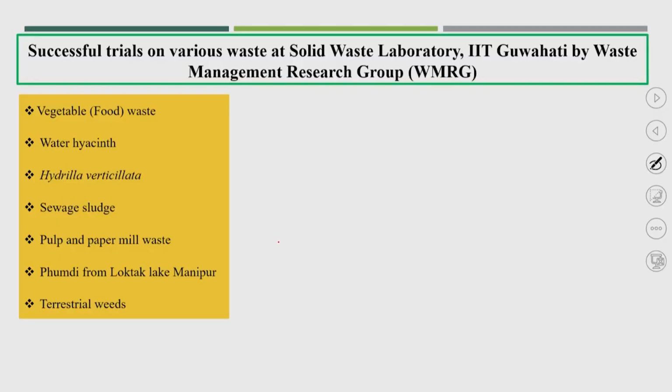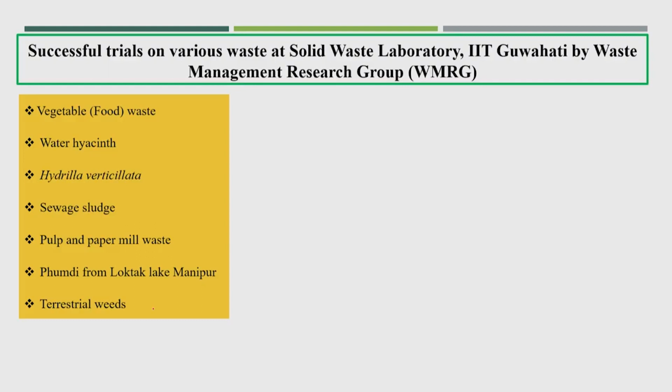There have been successful trials in the solid waste laboratory of IIT Guwahati by the Waste Management Research Group, called the WMRG group. At IIT Guwahati, successful trials have been done on vegetable waste, water hyacinth, and Hydrilla verticillata.